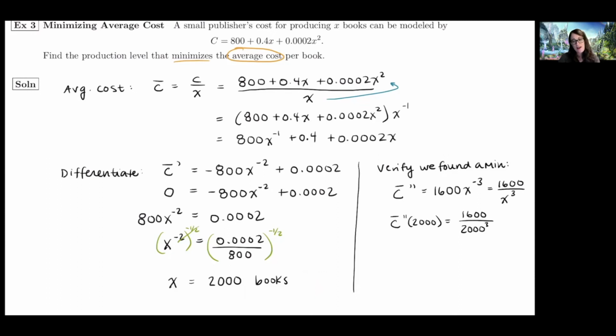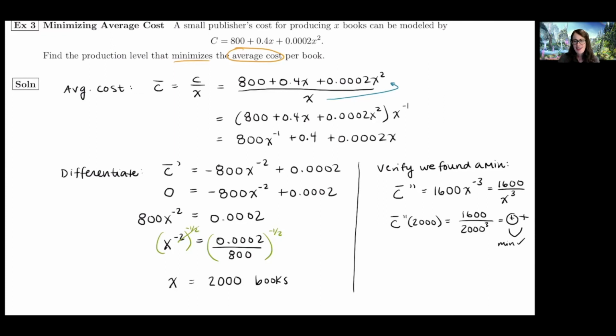Now we don't care about what this actual number is, we just care about its sign. We've got all positive numbers here, so this is just going to be a positive number out. The second derivative being positive means we've got a smiley face, concave up like this. So that does mean that we did find a minimum, and that's good because that's what we were looking for.